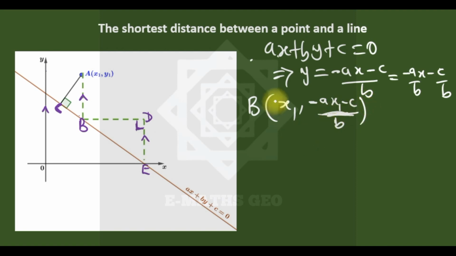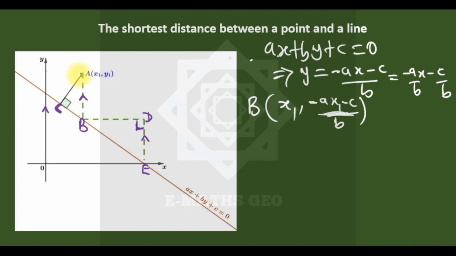So that's my coordinate of B. And why did we do this? Because we're trying to compare these two right triangles. So I want to get the hypotenuse and also get the hypotenuse. So we'll now solve that. With that, it will give us the distance we are looking for.